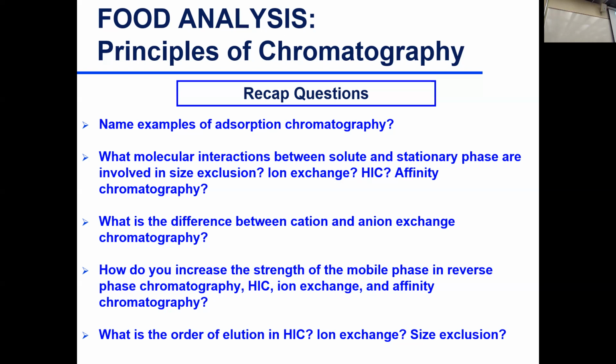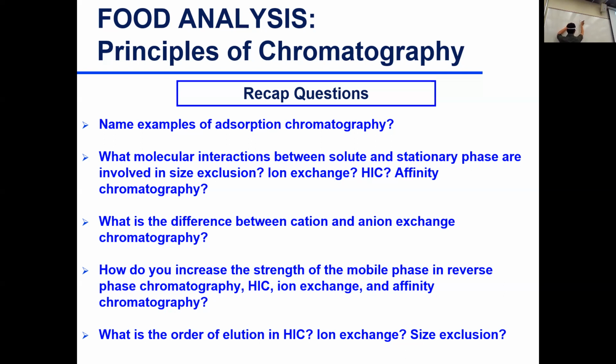In ion exchange, this is tricky. In ion exchange, what you do is run your sample at a specific buffer, at specific pH and salt concentration. It is very tricky and confusing at times. So let's say I have an anion exchange.